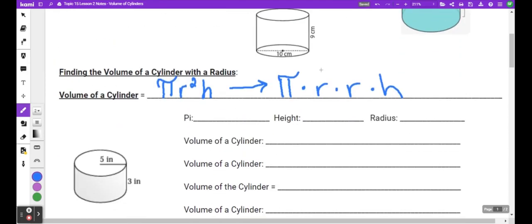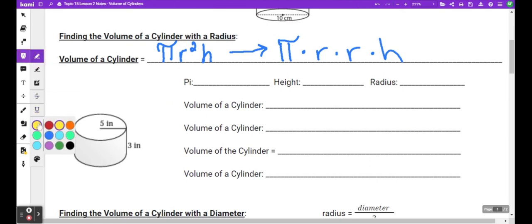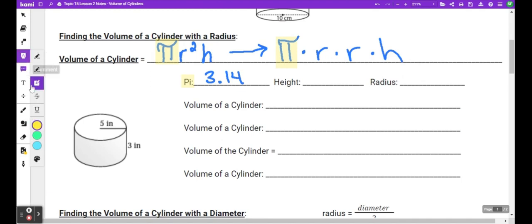So if we come down here and look at this example, we have all the information that we need to solve it, right? Pi, let's not forget pi from our circles topic. Pi is going to have a value of 3.14. The height of our cylinder is, in this case, the vertical line here, which is 3 inches.